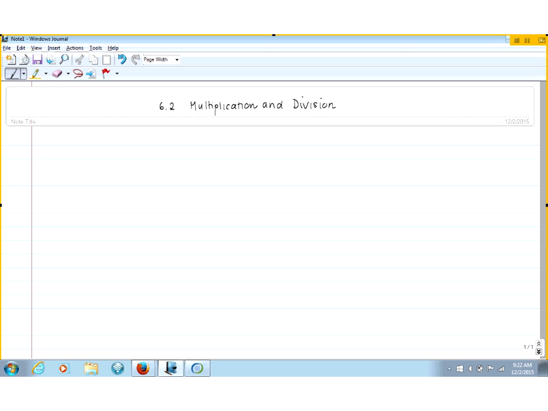So what we're going to do is compare multiplication and division with multiplication of 2 rational numbers.